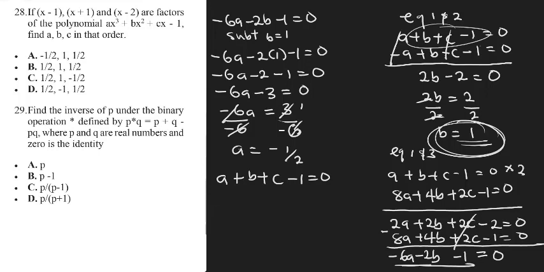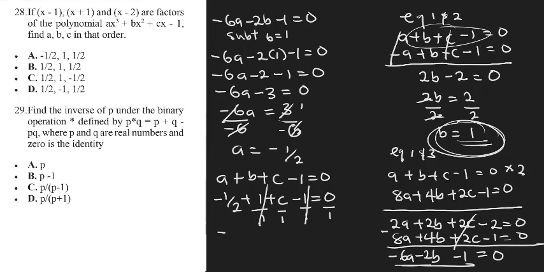Our a is already -1 over 2, then plus our b is 1, plus c, minus 1 equals 0. Balancing this, the -1 here will go with this +1.